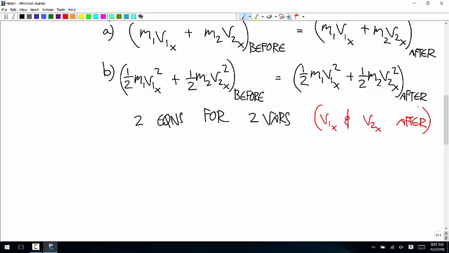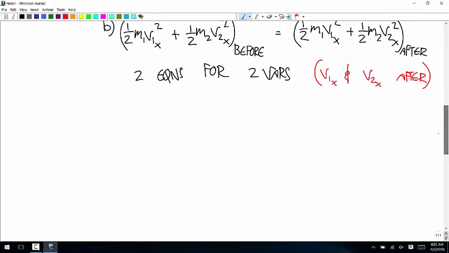Okay, so let's do number 3. That one has elastic and inelastic, so we'll just do both of them. So we have a train car with a mass of 2,500 kilograms and a speed of 21 meters per second that collides with another one that's at rest with a mass of 3,000 kilograms. 21 meters per second, that's a bad collision.